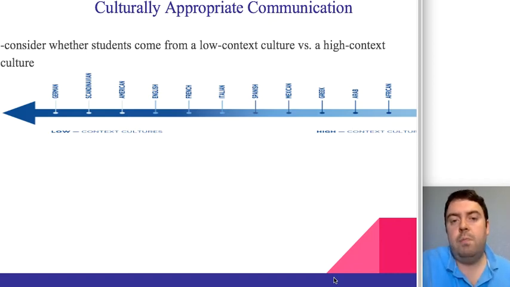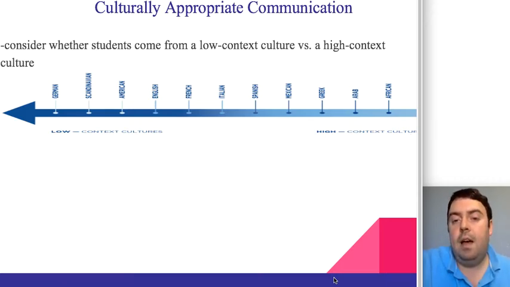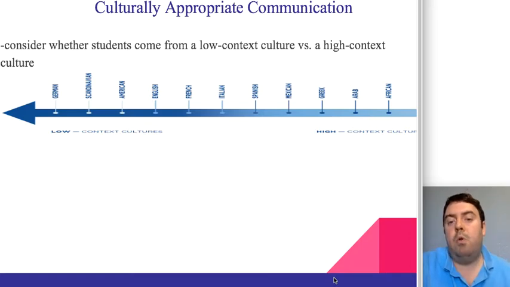In these cultures, many times they come from high context cultures. In high context cultures, people often first try to build a relationship before they get to the main point. So they might exchange pleasantries, they might talk a little bit, ask about people's families. They are more indirect or around the point when they're trying to explain something.